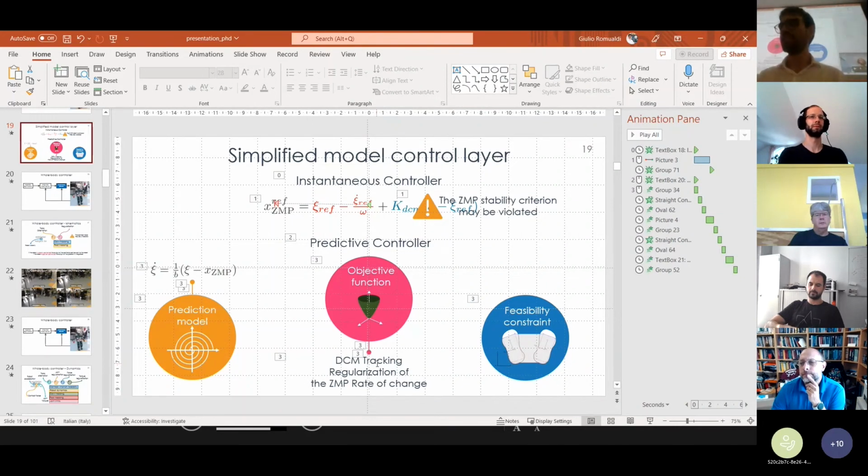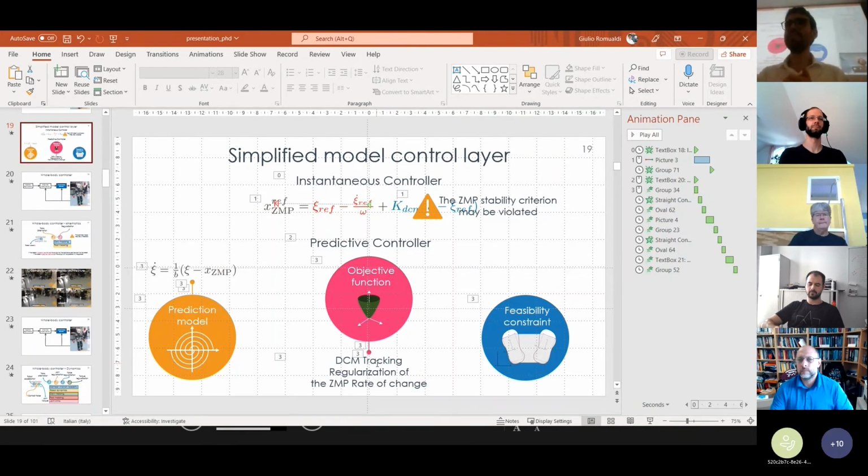At least we noticed this during the experiments. That's the reason why we were not able to increase the velocity, because as you can imagine, as soon as you increase the velocities, the low-level joint position tracking also plays a role. Of course the error will increase, and so in the end the center of mass error will increase.